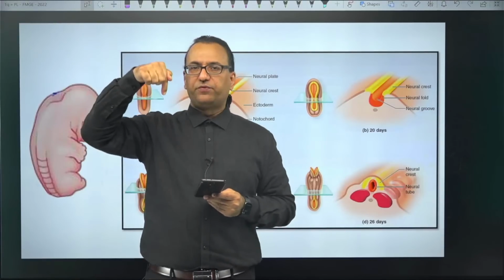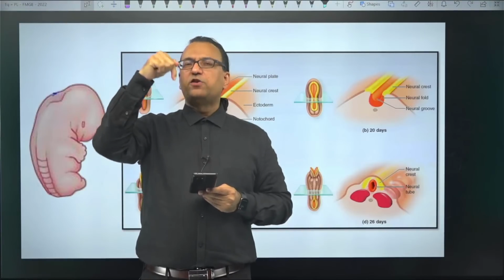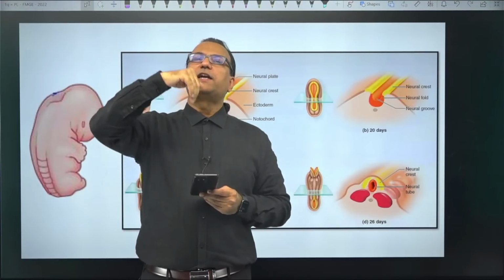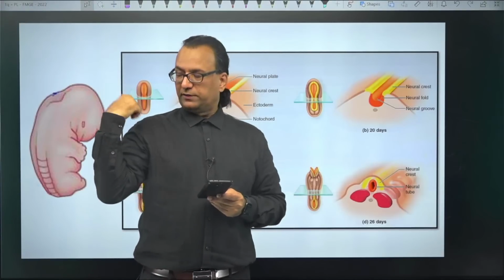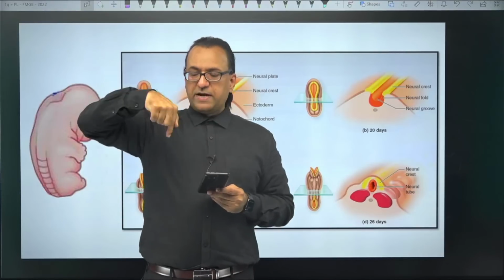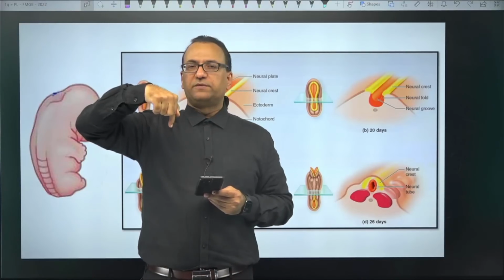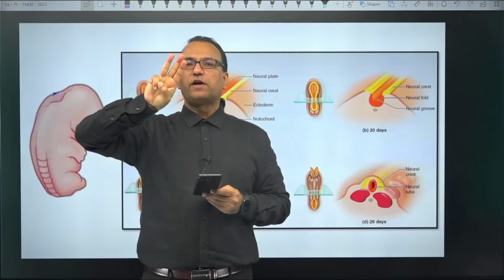Talocalcaneonavicular in the foot, medial longitudinal arch. If you say talocalcaneonavicular, it is the medial longitudinal arch and it is a ball and socket synovial joint, like the shoulder joint, ball and socket, hip joint, ball and socket. Medial longitudinal arch in the foot, talus, calcaneum, navicular, ball and socket.